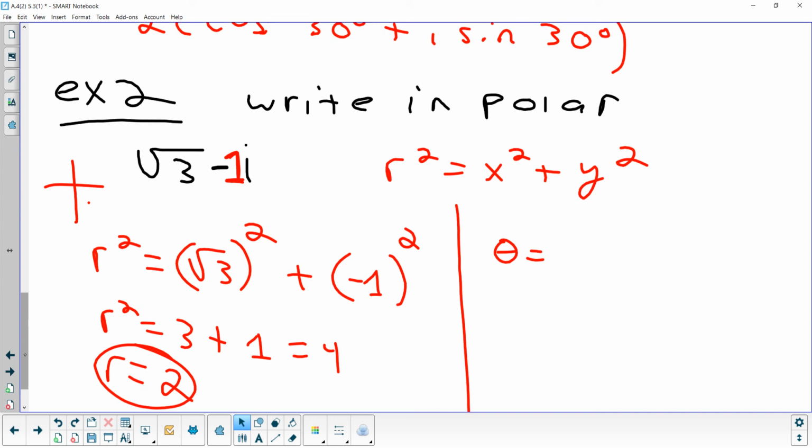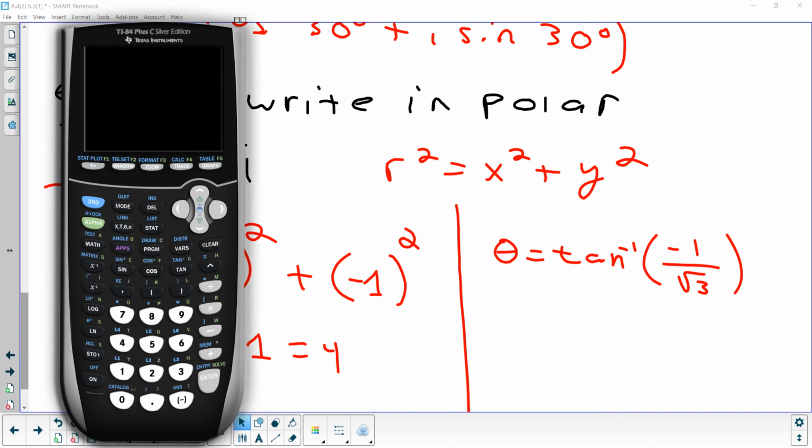No. So it's just inverse tangent of, and can somebody tell me what my fraction is going to be? Ben? -1 over the square root of 3. Good. Perfect. Now let's just type that in and see what we get.